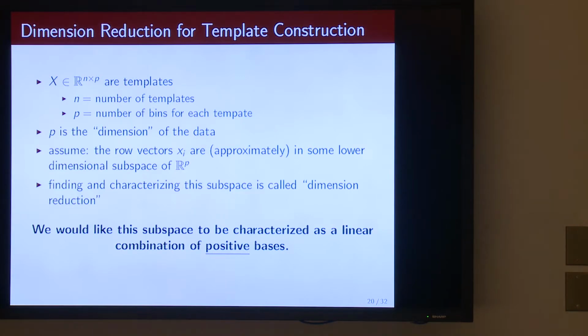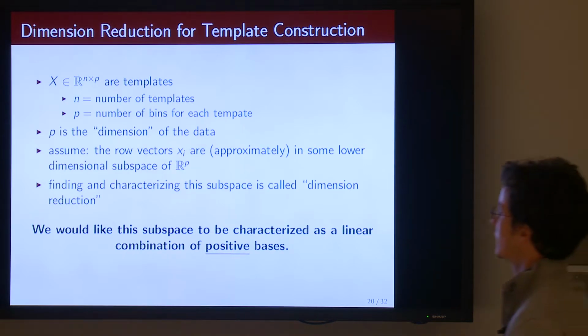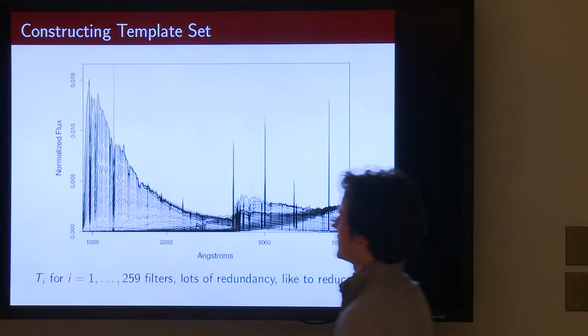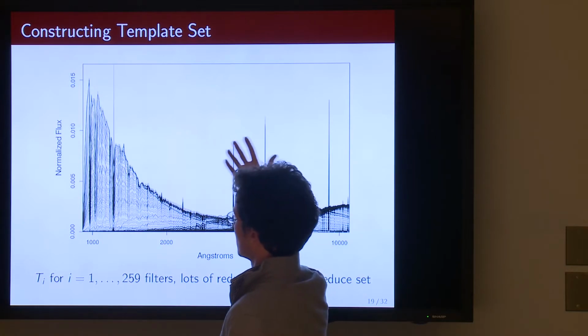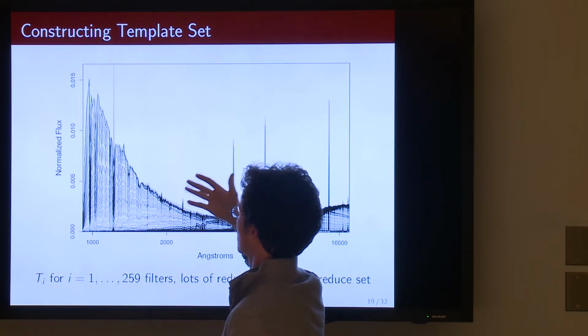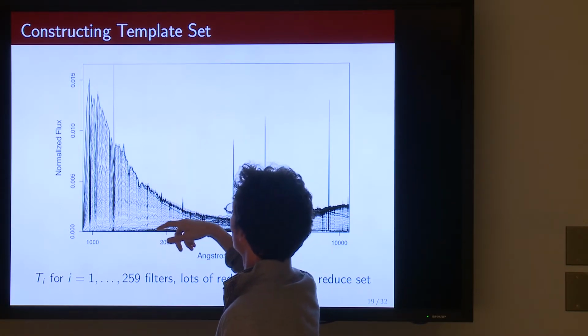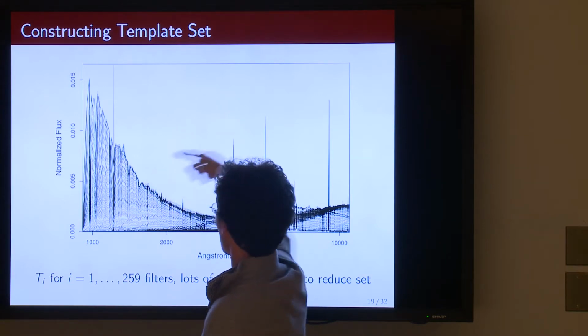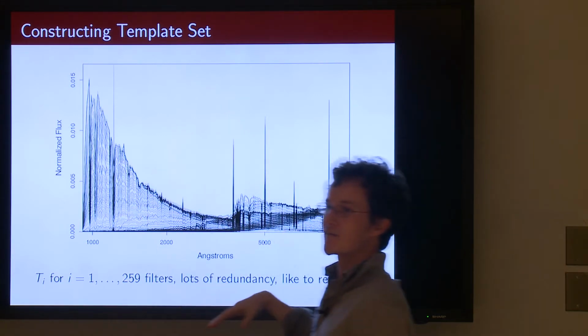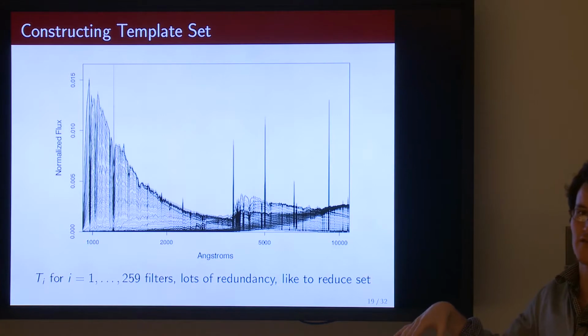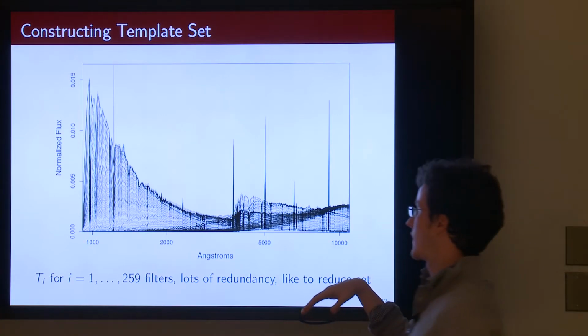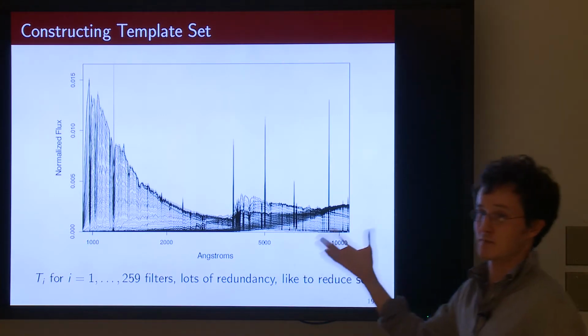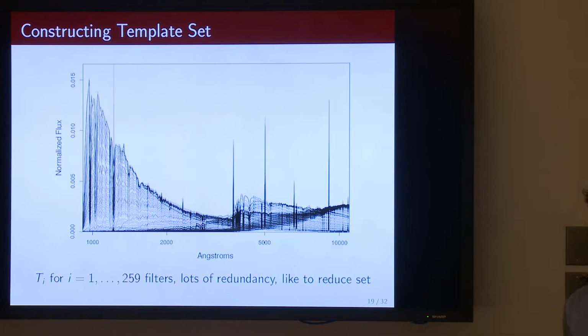In this case, we would like to have a positive basis. When we find a set of 3 basis vectors for these templates, we want them to all be positive, because if they're negative, there's really no interpretation of that as a spectrum for an object, because spectra must be positive.